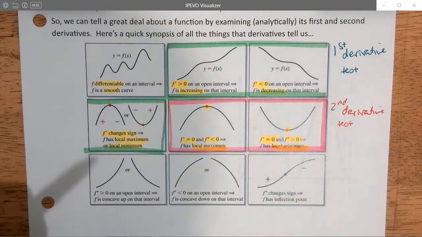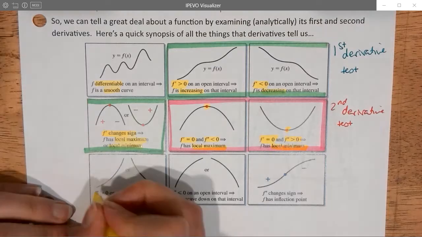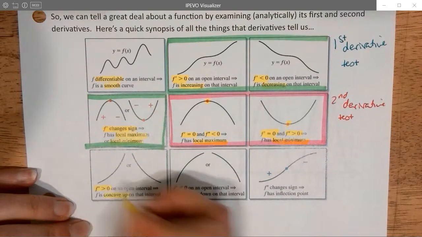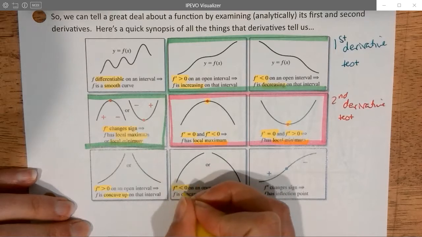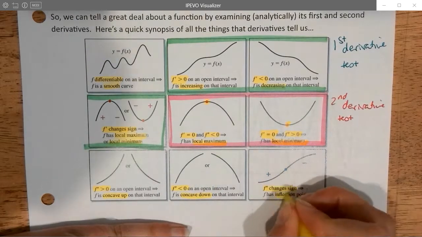Then the other thing that we talked about so far in this section is if the second derivative is greater than 0, it talks about concavity, concave up. Second derivative less than 0, concavity, concave down. Second derivative changing sign, inflection point.